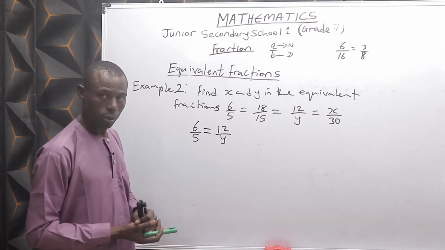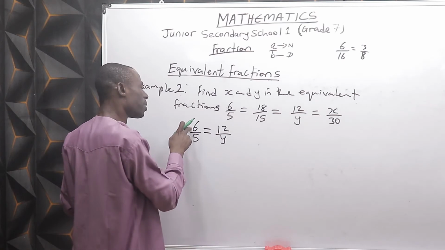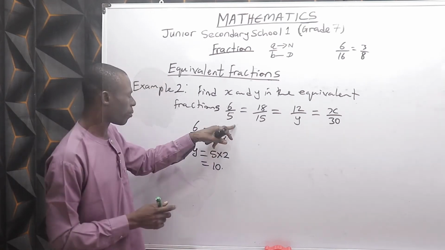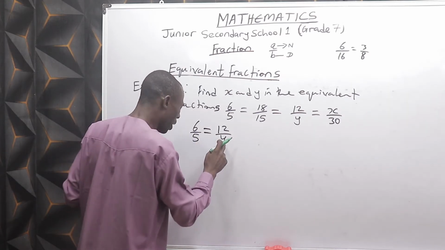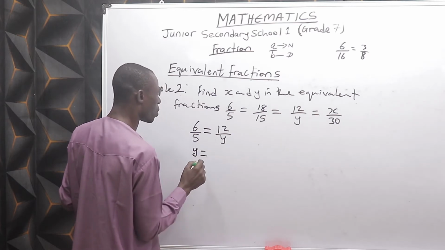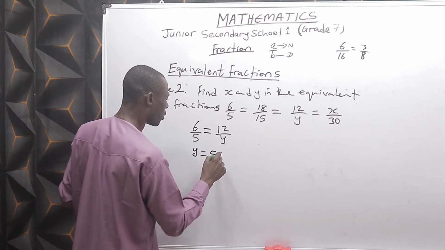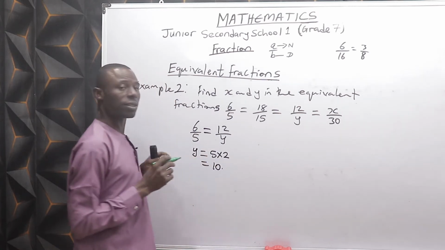y will be. So 2 multiplies 6 to become 12. Then 2 must also multiply 5 to become y. That is, y will be equal to 5 times 2, which is 10. That is it.